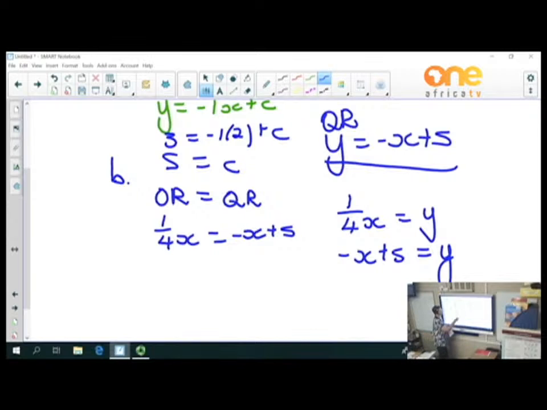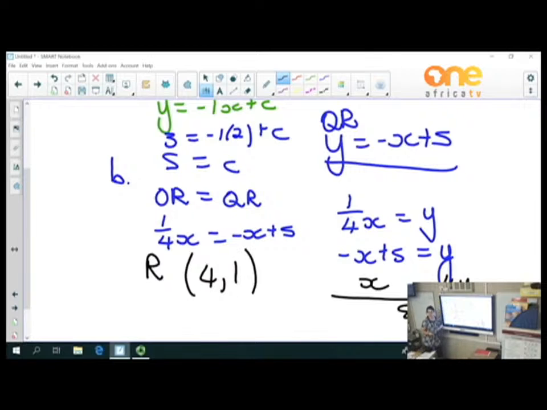So in the first place, I will get rid of this fraction, which makes it x is equal to 4y. Then we solve them simultaneously. This will cancel out. So 5 is equal to 5y, which makes y equal to 1. And then if you go back into the original one, what is the value of x? 4. Is that right? So R is now 4, 1. Those are the coordinates of that one.